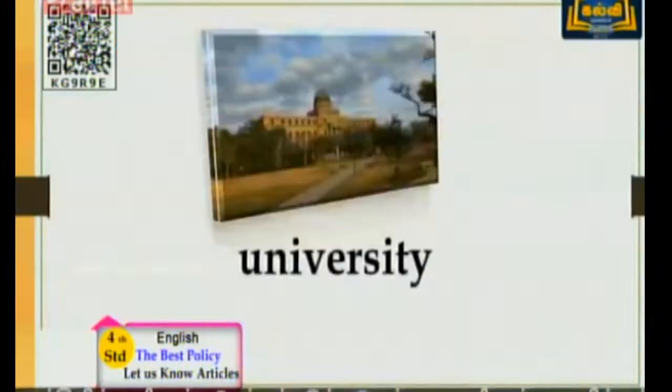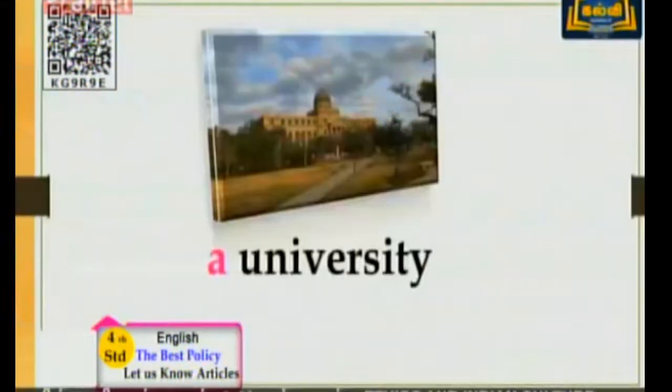Here, this is a difficult word. Most of the elders have doubt whether you should use an or a before the word university. Most of the elders may be confused in this because this word starts with the spelling U. University, see, U-N-I-V-E-R-S-I-T-Y. But the article used there is not an, it is a.